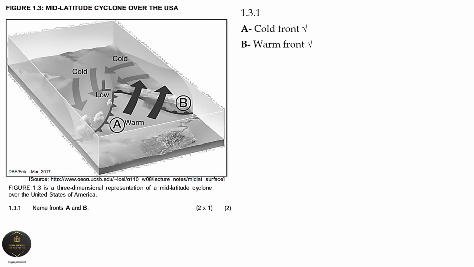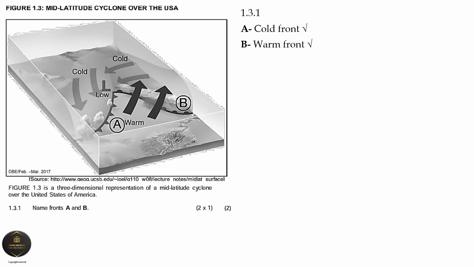Now, the first question is as follows. This is sourced from the DBE February March 2017 question paper. We have in our diagram here figure 1.3, which is showing us a mid-latitude cyclone over the USA. Now, let me ask, where is the USA? The USA is where? In the northern hemisphere.